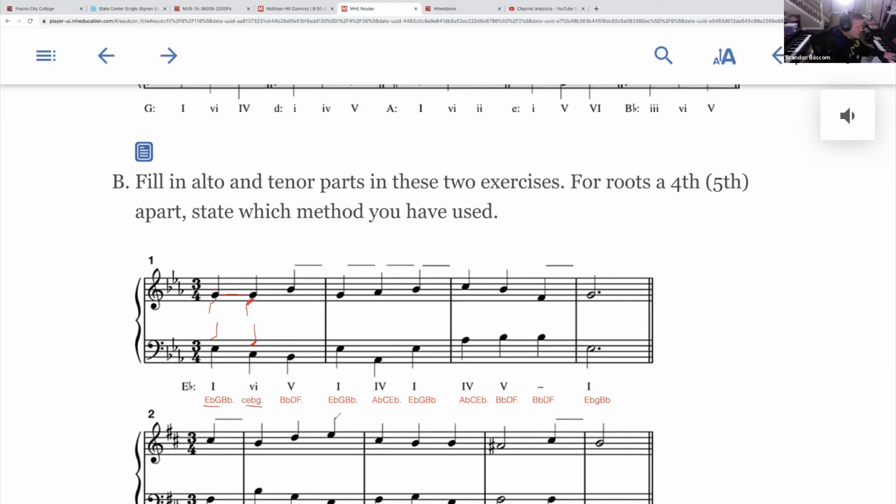What's the problem with that? What part writing problem did I just create? Who sees it? I have a bad answer on the board. What did I double?